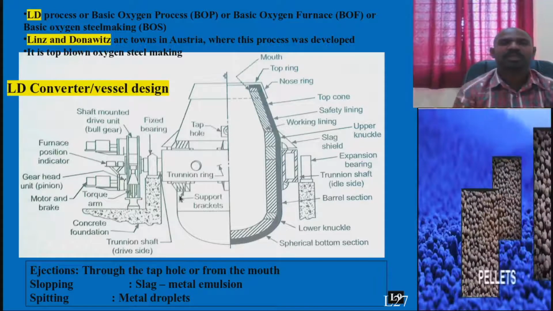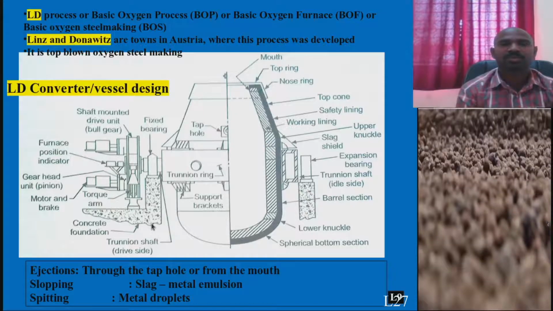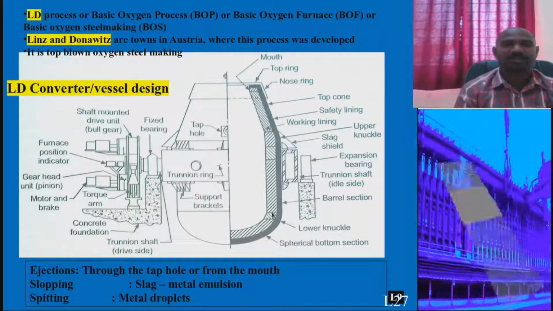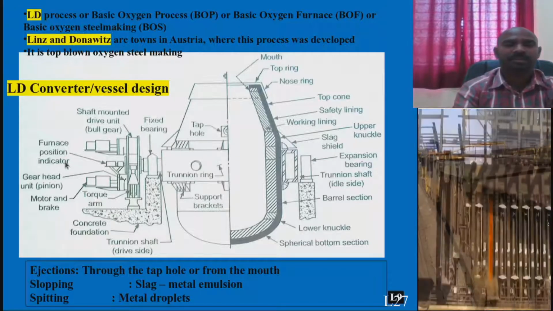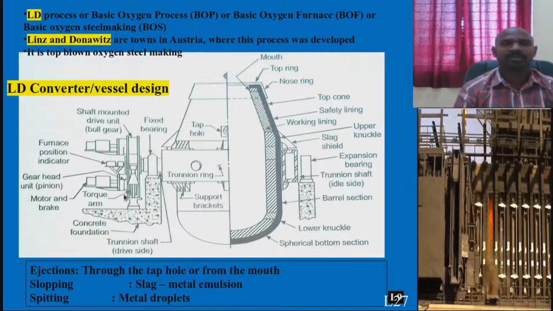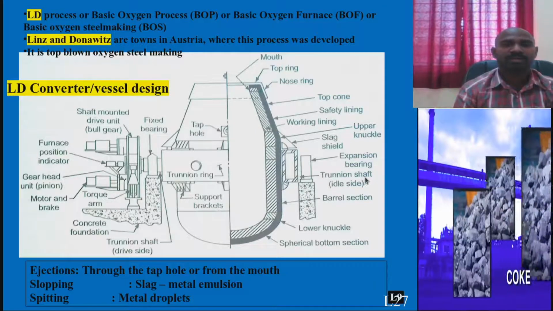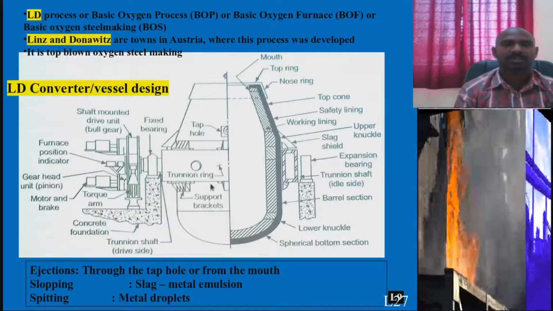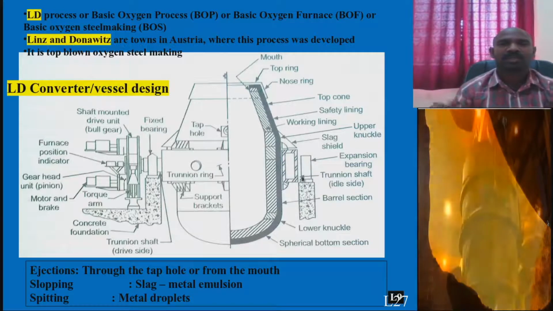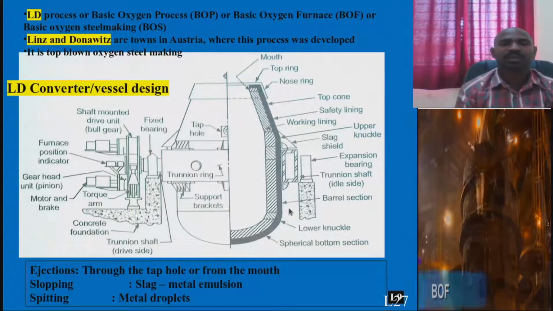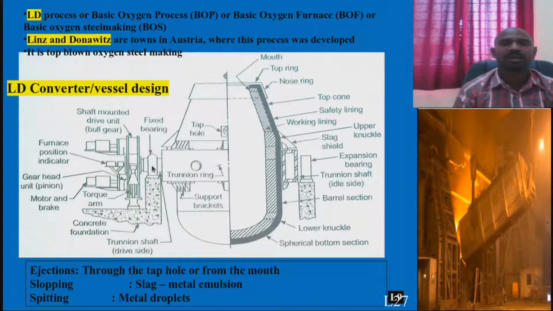These two stands on either side are foundations with concrete, and in between, the vessel sits, connected with a gear and motor mechanism from either side with a connecting shaft. This particular shaft is idle, whereas this one can be expanded, and it has bearings. You can increase the furnace height from the foundation. So these are situated on two sides.